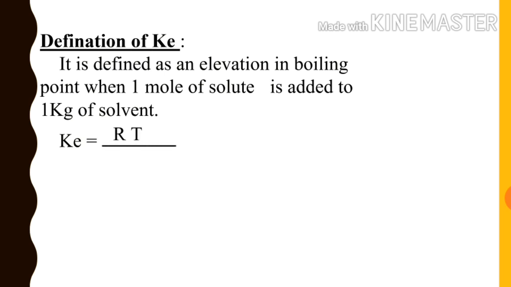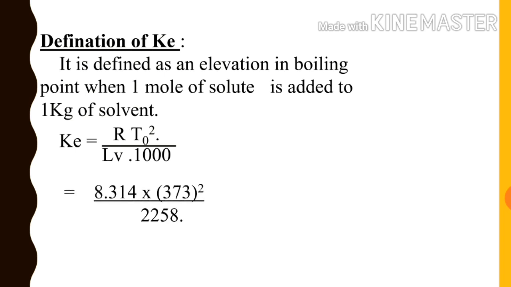Therefore, Ke is equal to RT0 square into 1 upon LV into 1000. Putting the values of R as the universal gas constant, temperature and LV, we get the answer 0.512 K kg per mole, which is the unit of Ke.